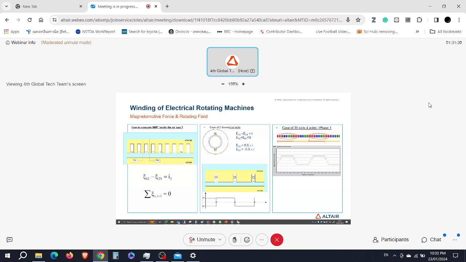So to make things easier, when we move through the air gap and we encounter one slot, if it's input, then we will move by I and we stay constant.